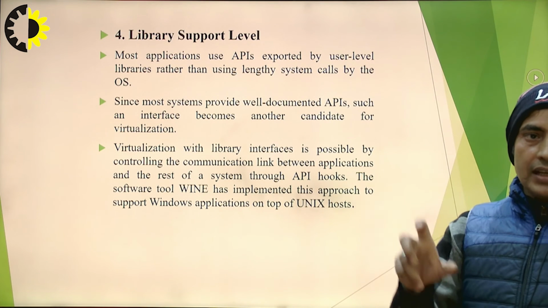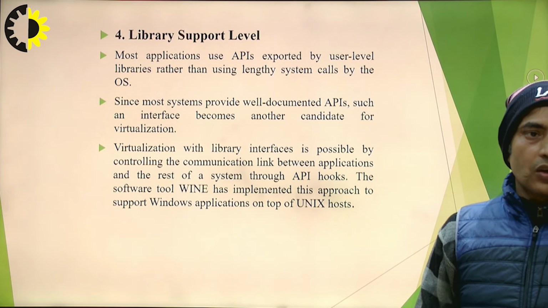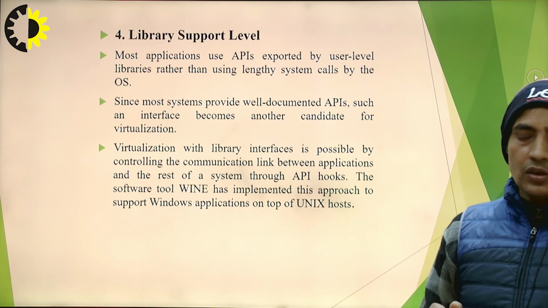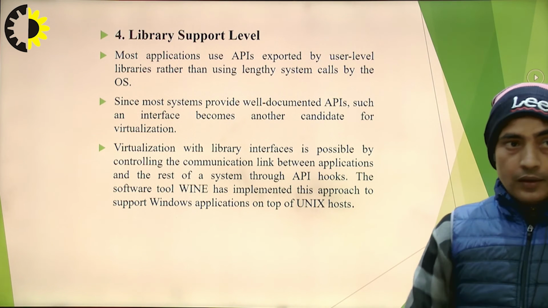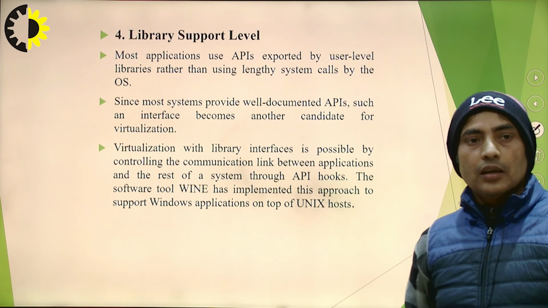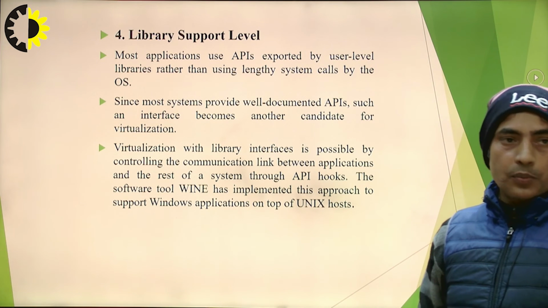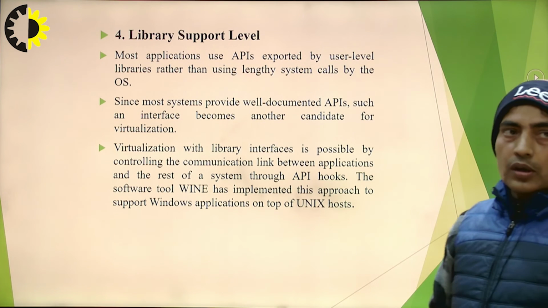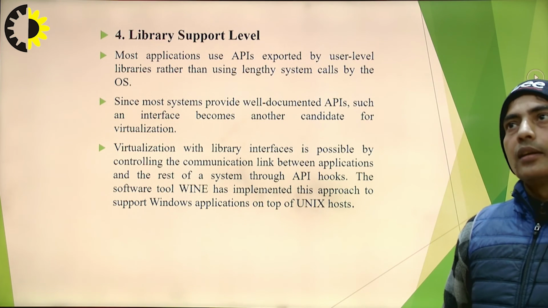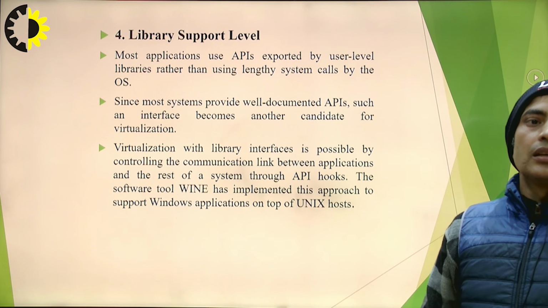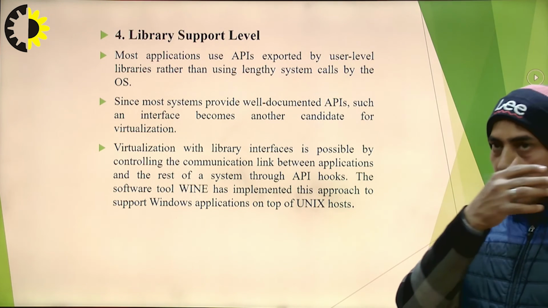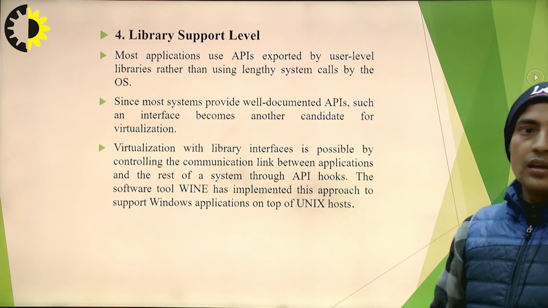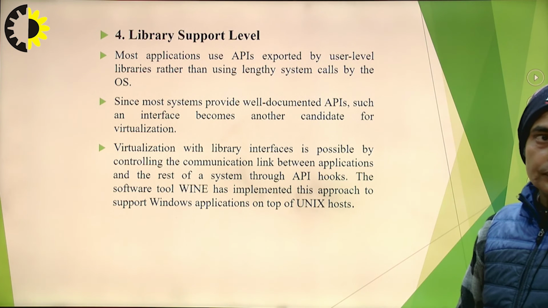Virtualization with a library interface is possible by controlling the communication link between applications and the rest of the system through API hooks. Software like Wine has implemented this approach to support Windows applications on top of a Unix host. So at the API, the application programming interface, the virtualization is achieved.